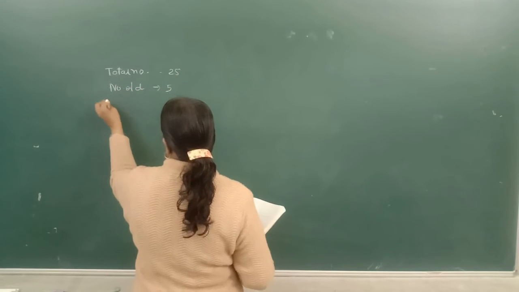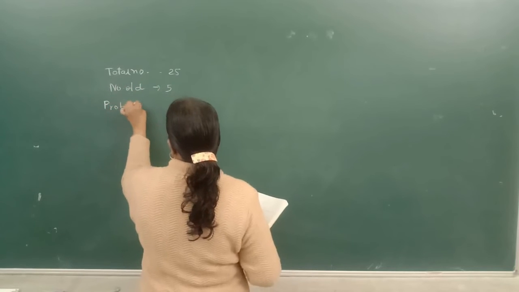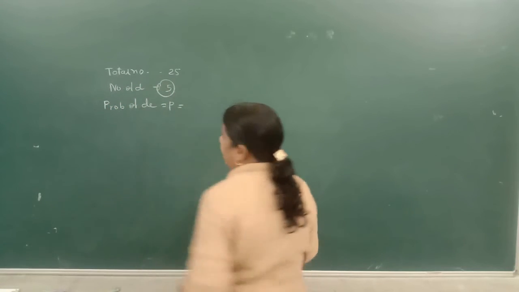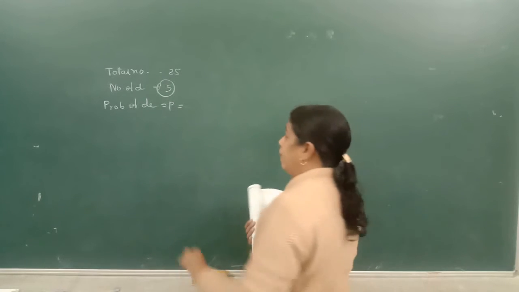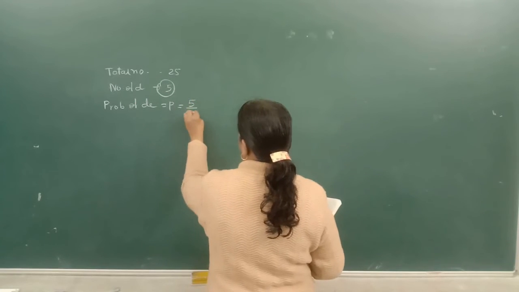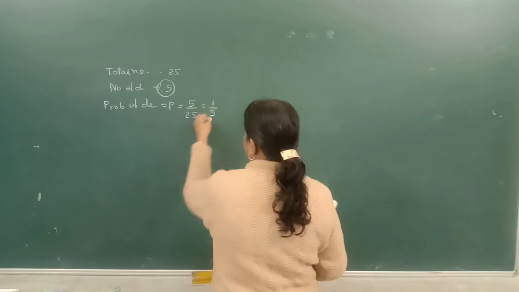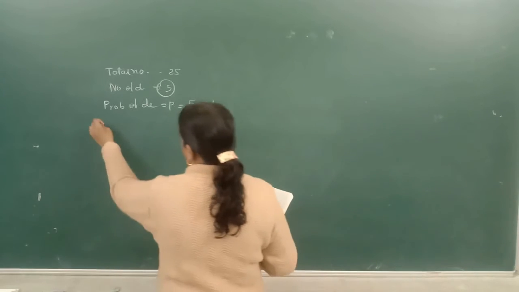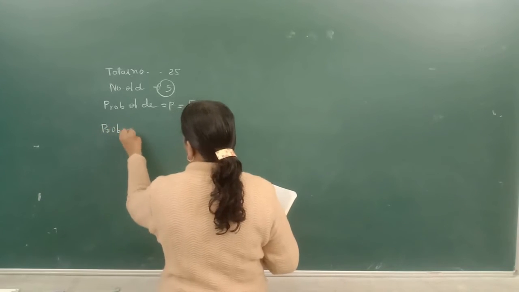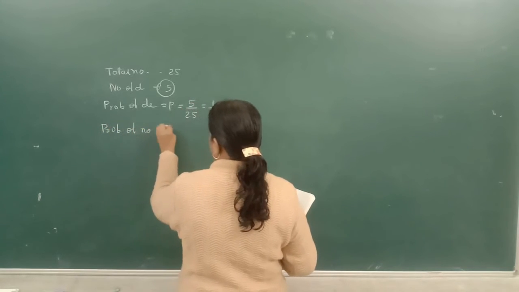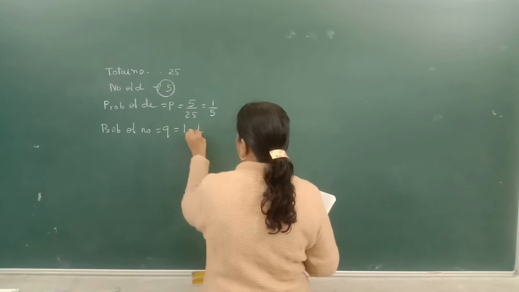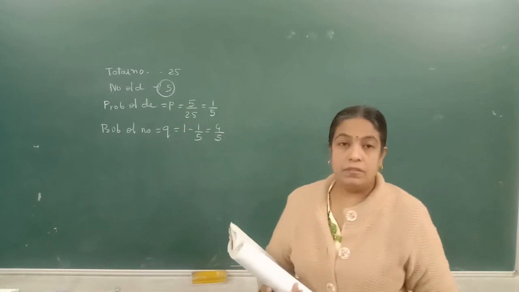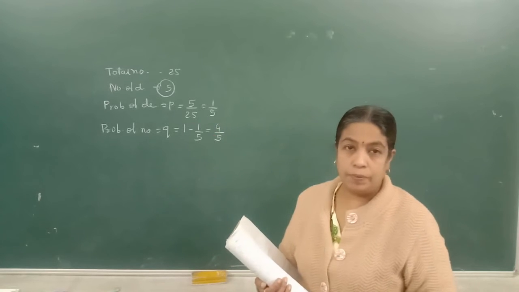So the probability of defective bulbs, that is P. See, how many defective are there? 5 out of 25. So 5 upon 25, that is 1 upon 5. This is the probability of defective bulbs. So the probability of non-defective bulbs is Q, 1 minus 1 by 5, that is 4 by 5. This is the probability of non-defective bulbs.